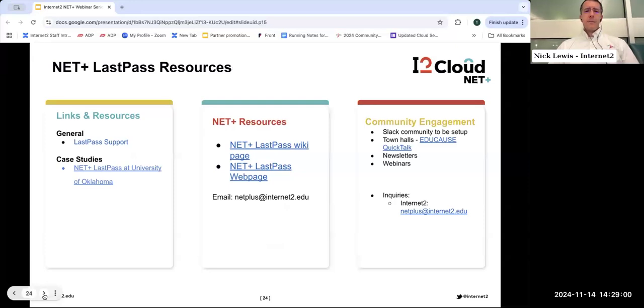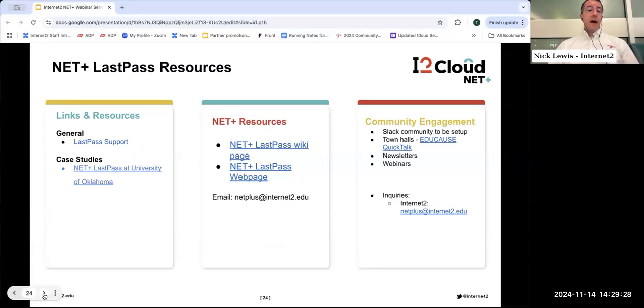We've got some standard resources like the support. We've got a case study about Net Plus LastPass at the University of Oklahoma. We've got a wiki webpage. We've been talking with the advisory board about setting up a Slack community for campuses to engage with each other, and that's in development. We'll have an announcement out to subscribers in the next month or so, getting that started off.